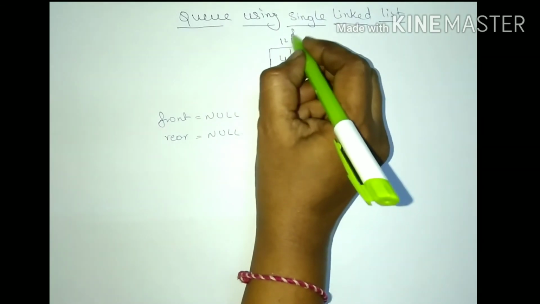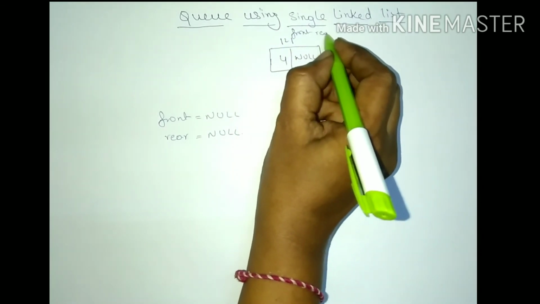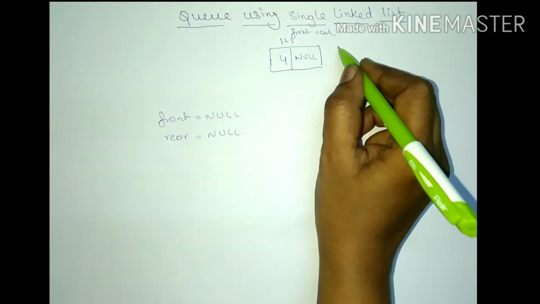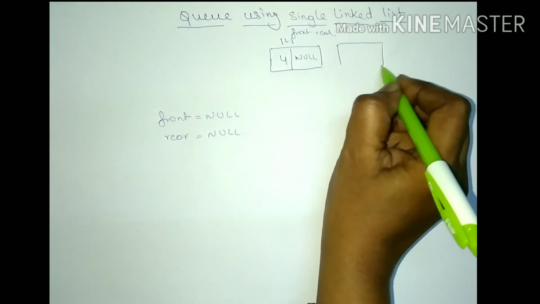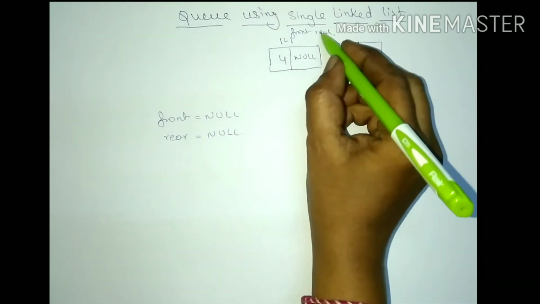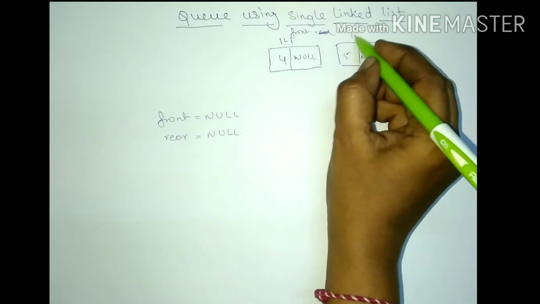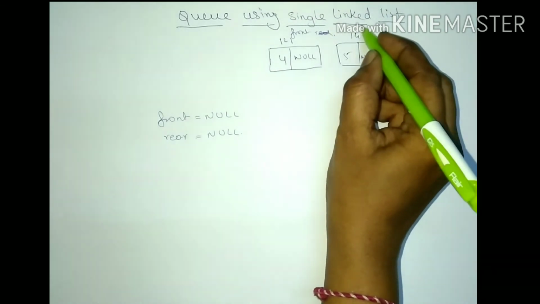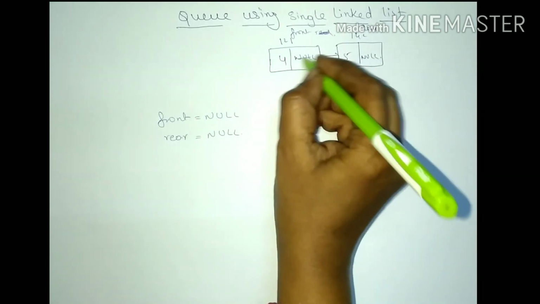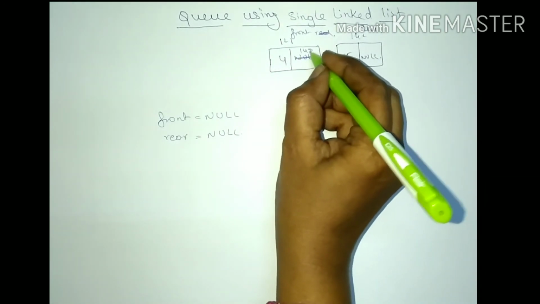This node will become the front node and this node will become the rear node. Now whenever I want to insert a node, I will insert at the end of the list. Now this rear I will move to this node and link it. That is, this null is replaced with 142.